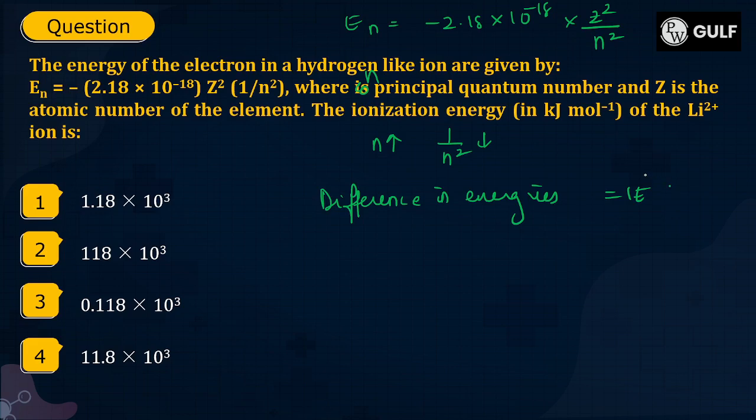Okay, so En, which is going to be IE, is minus 2.18 into 10 to the power minus 18 into Z square into 0, where 1 by n square is decreasing to the point it becomes 0, minus of minus 2.18 into 10 to the power minus 18 into Z square by n square.